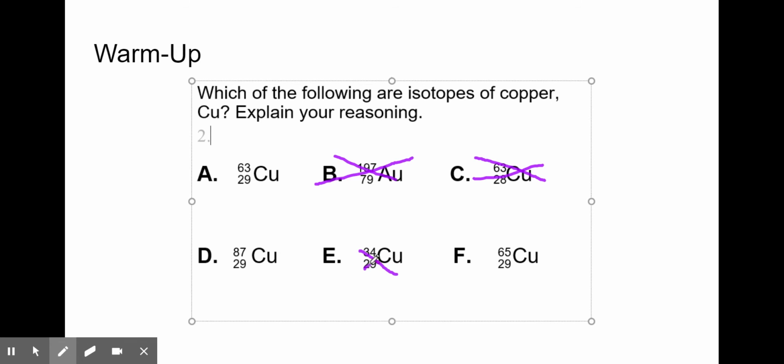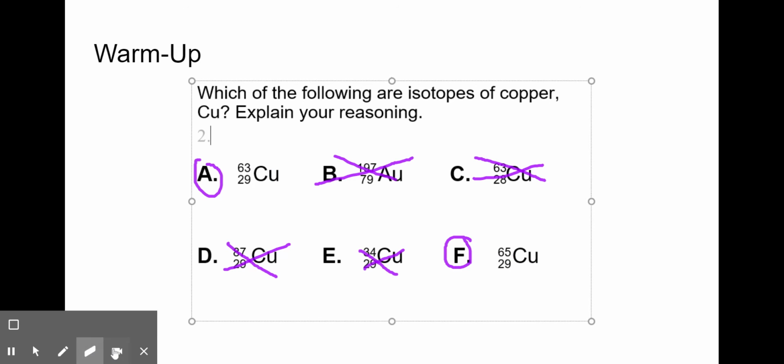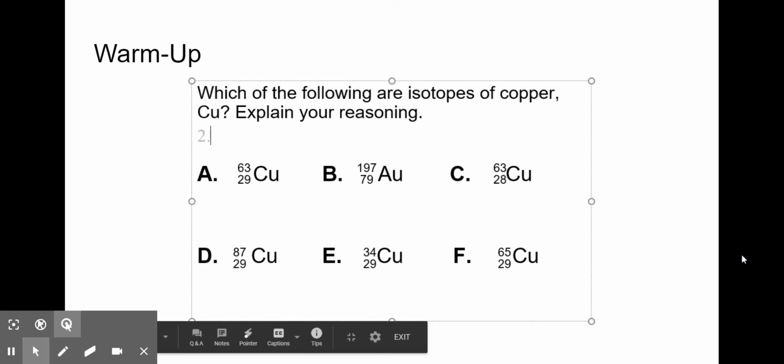Well, it's not going to be 34, okay? And 87 is really far away from the average atomic mass, okay? That's listed on the periodic table. You can choose A and F because their masses are very close to the average atomic mass of copper listed on the periodic table, okay? Just a little review there.